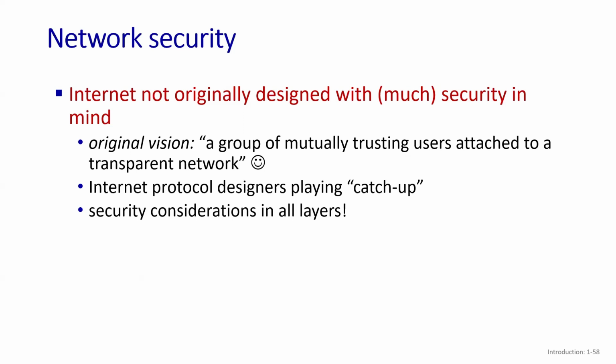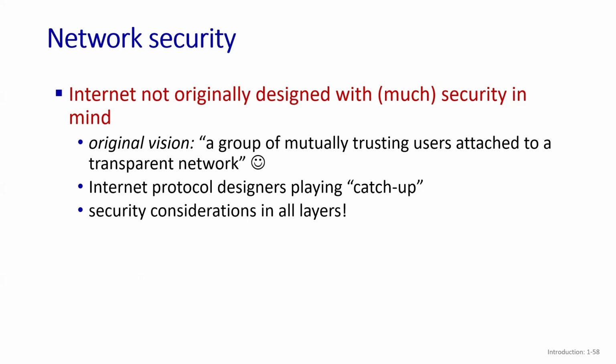If I take the example of HTTP, which is used for web access, it's an insecure protocol. There's no security in it, and that is why it is vulnerable. FTP, file transfer protocol, again, no security. SMTP, simple mail transfer protocol, no security in it. DNS, domain name system, which is one of the most critical protocols on the internet, has no security. So originally, the internet and the protocols were designed with no security in mind.